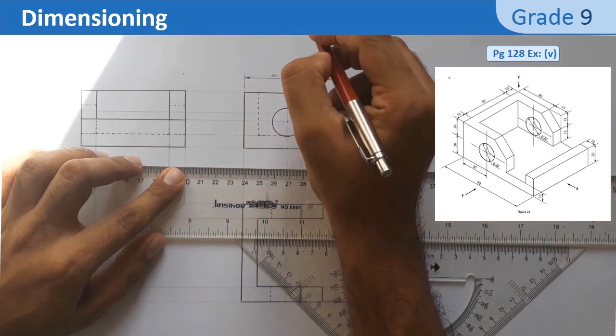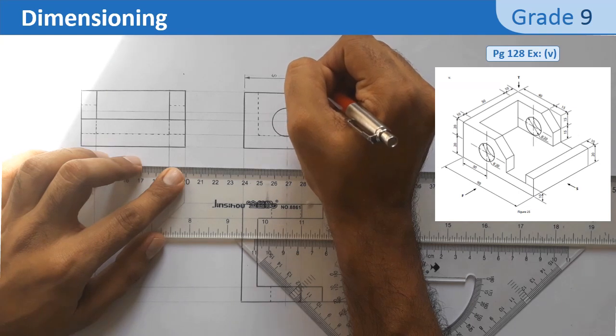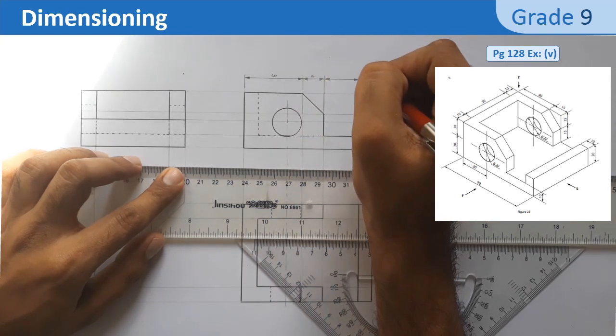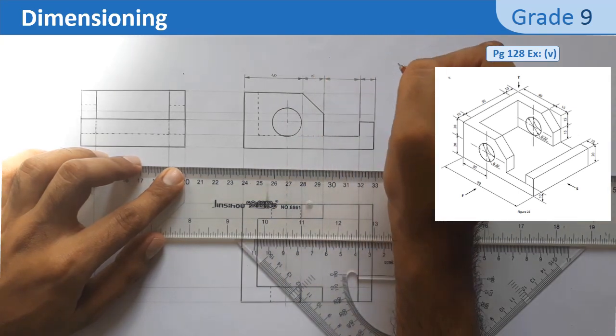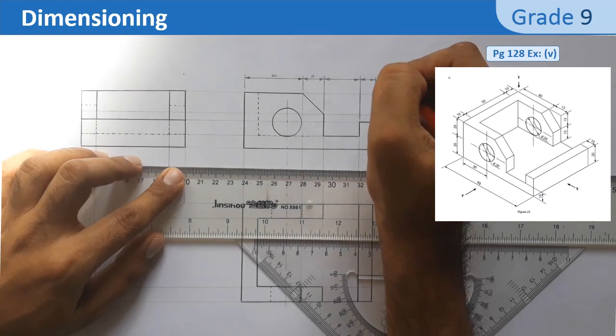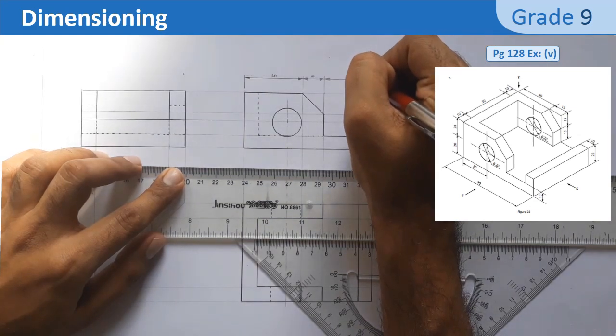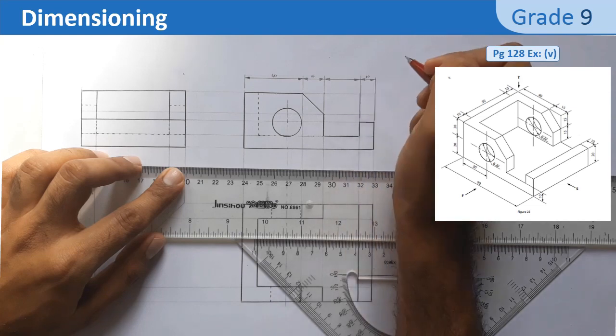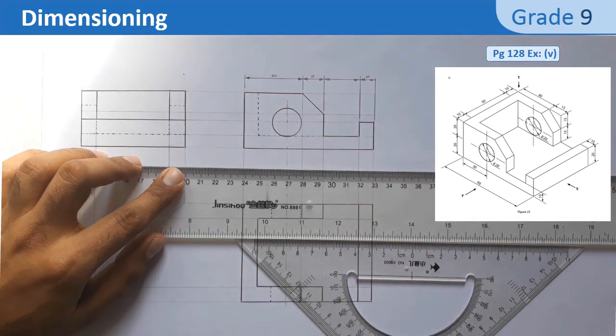Don't forget that the number must be placed at the center of the arrow, and the distance between the number and the arrow is about 1 millimeter to 2 millimeter.